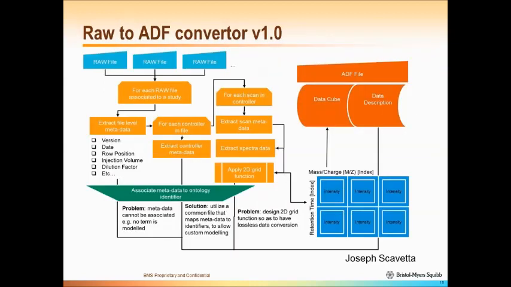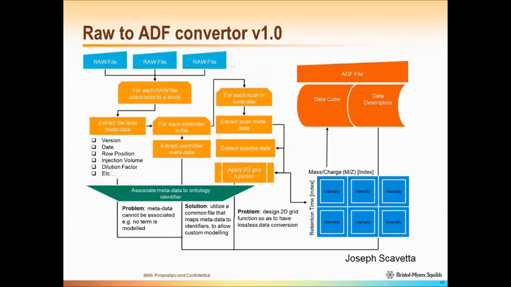So here's our block scheme of the first version of the raw to ADF converter. There are lots of technical details, but mostly we try to follow the same KISS principle, which we talked about the previous 2 days before. So anything we can readily match to ontology, we convert it and recode it.